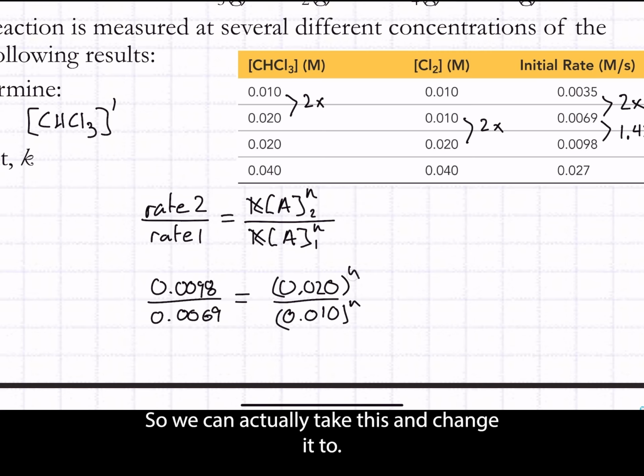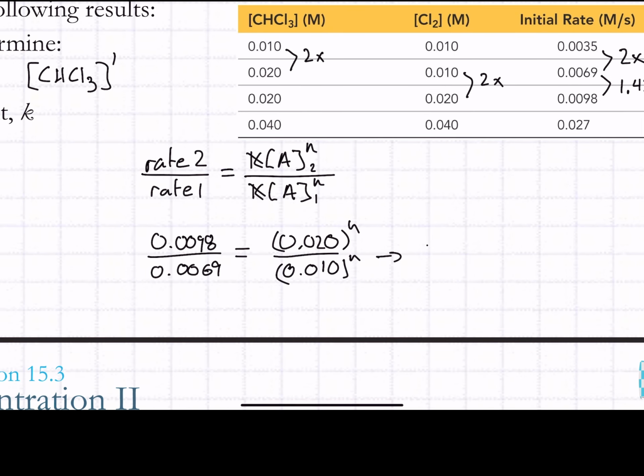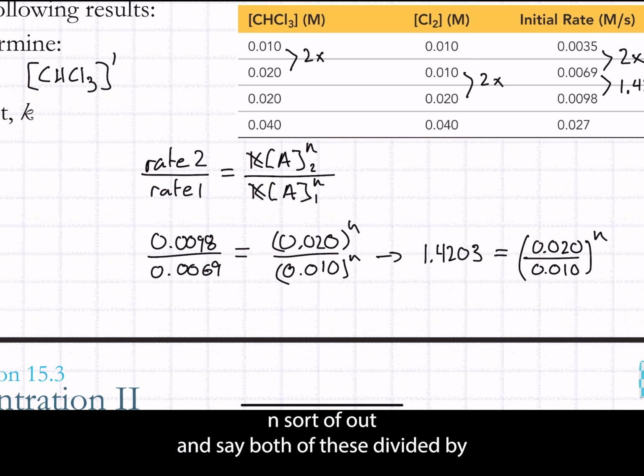So let me divide those on the left side: 0.0098 divided by 0.0069, so that's that 1.42, equals 0.020 over 0.010, and I can pull that n out and say both of these are to the power of n.